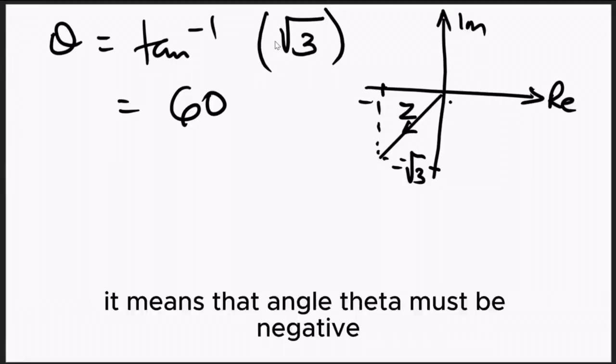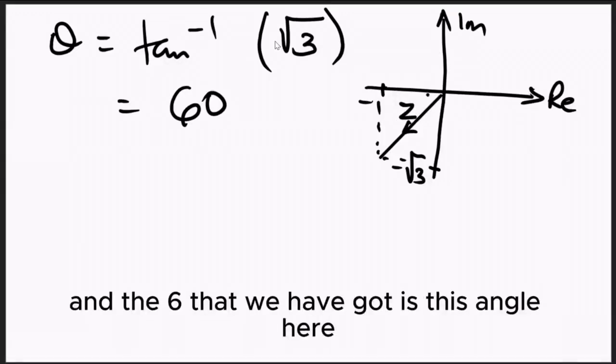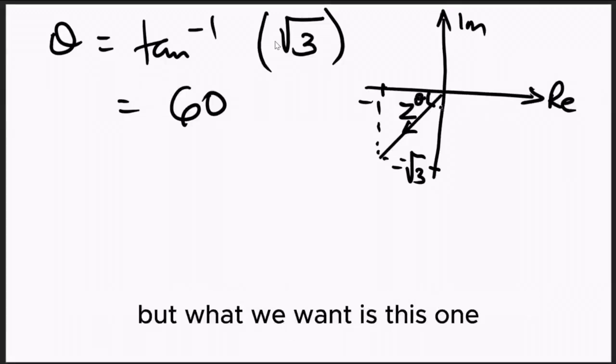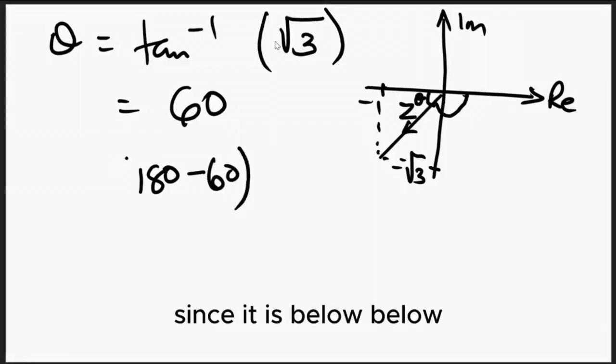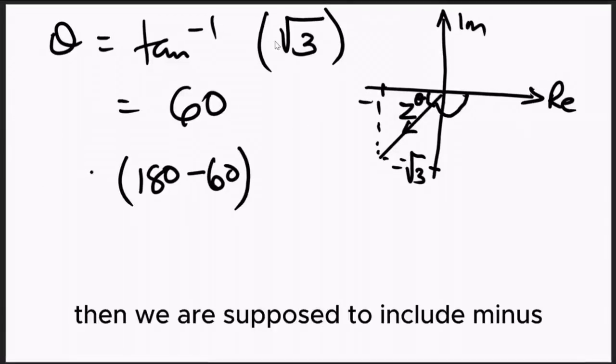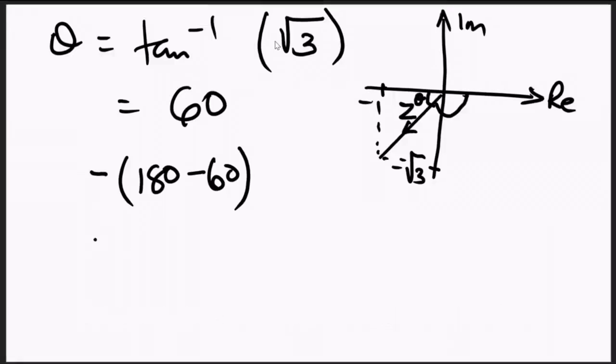If it is below, it means that angle theta must be negative. And the 60 that we have got is this angle here. But what we want is this one. So we must subtract 180 minus 60. Since it is below, then we are supposed to include minus.